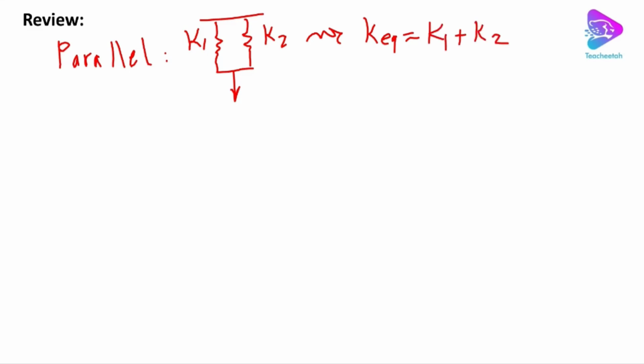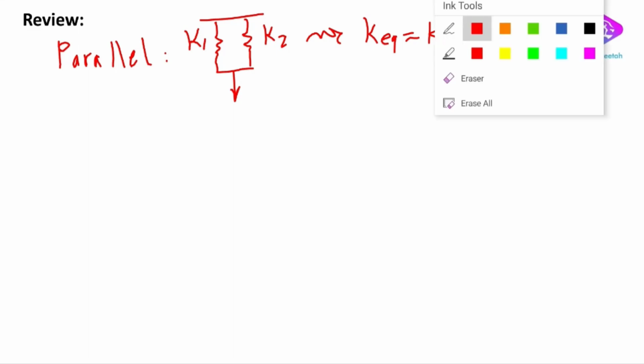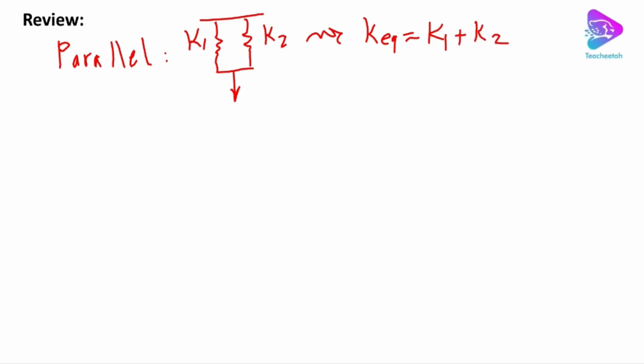Same as capacitors basically in electricity. So you can use the same analogy for finding equivalent stiffness of parallel connections. The other type of connection is the series connection.